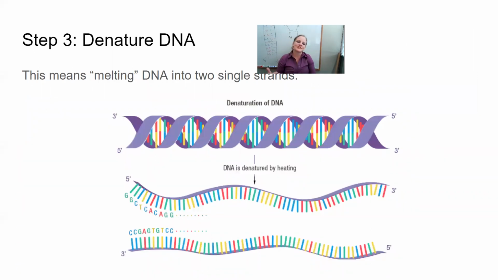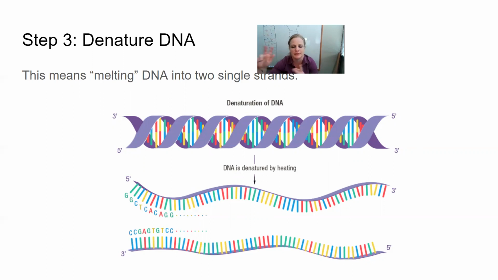All right, so we have to denature the DNA. That just means that we're going to add heat, and the increased vibrations of those atoms are going to break those hydrogen bonds that are keeping those bases together. So we actually end up with 2 single strands.